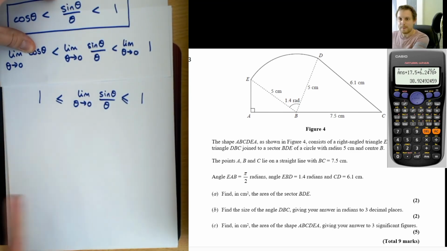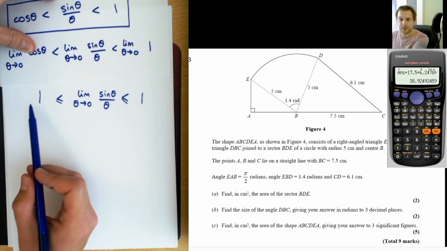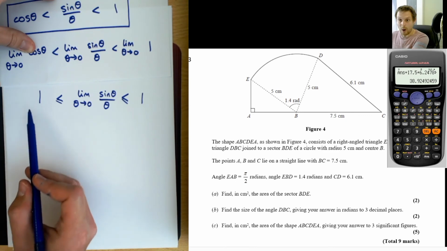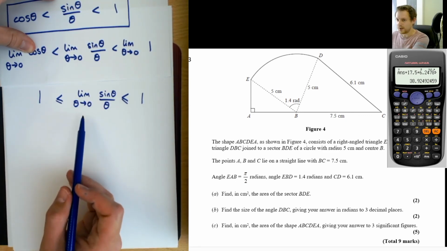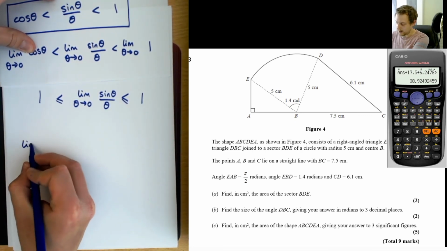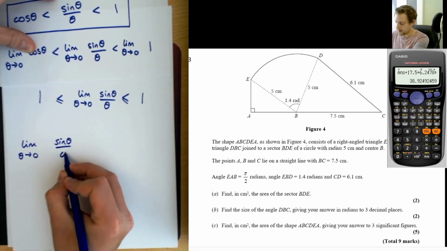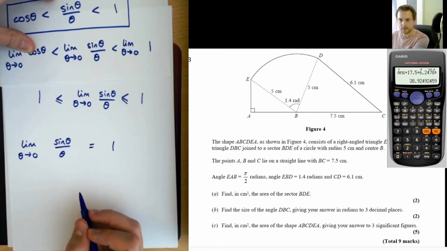So that's okay. The point is this is sandwiched between 1 and 1, so what does that have to be? So this thing has to be 1. So the limit as theta goes to 0 of sine theta over theta is 1.